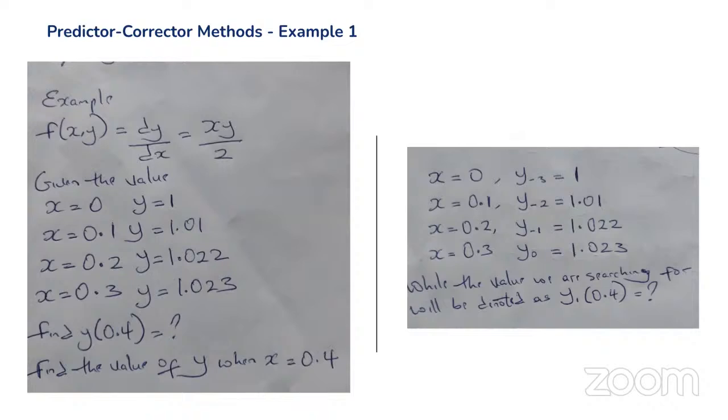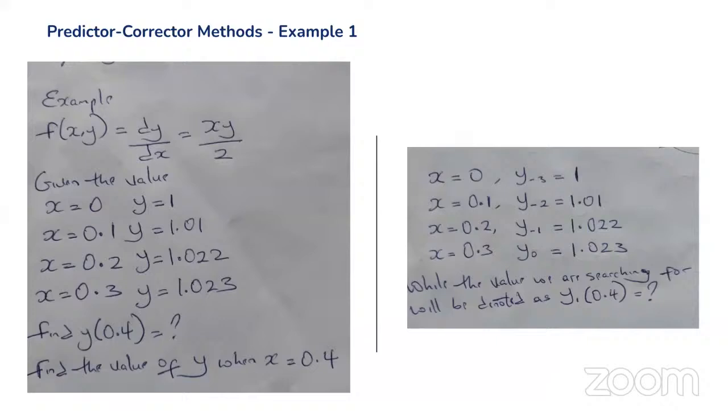Excuse me, sir. Looking at the right-hand side, you have x equal to 0, comma y minus 3. Is it a subscript, y minus 3? Yes, it's a subscript, sir.